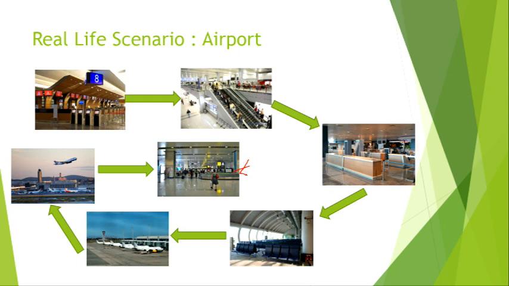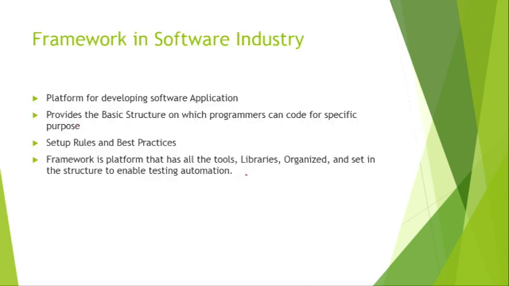Okay, understood, right? Now we have a clear picture of the traditional definition of a framework. Now we will check what a framework is in our software industry. Okay, the first point is that a framework works as a platform.